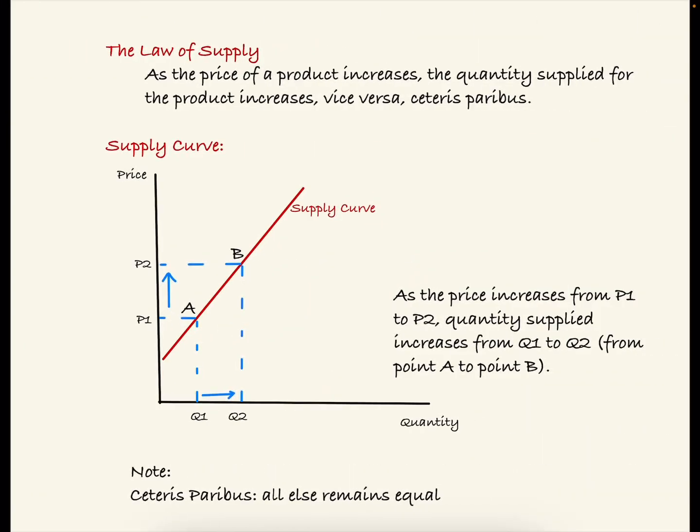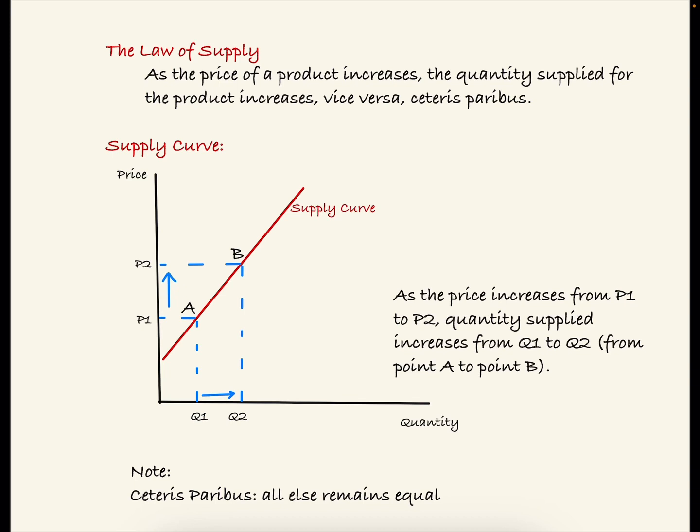Now we're going to take a look at the law of supply. The law of supply states that as the price of a product increases, the quantity supplied for the product increases, and vice versa, ceteris paribus. Let's take a look at our supply curve. In our graph below, the supply curve is in red.